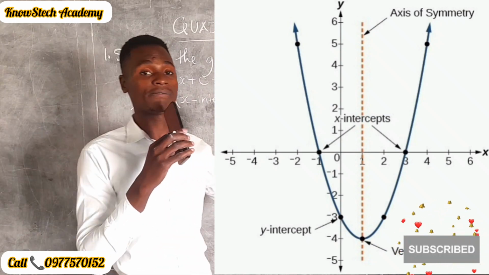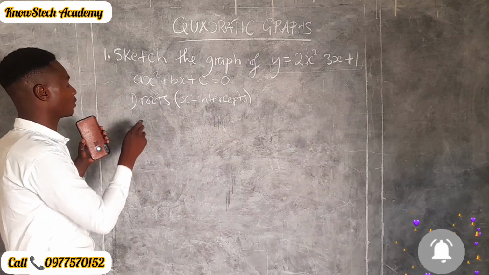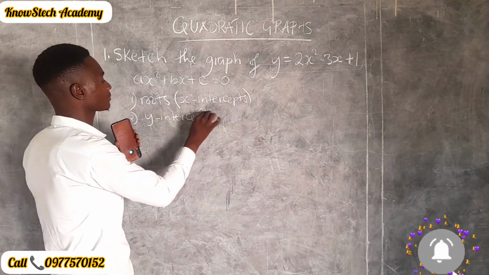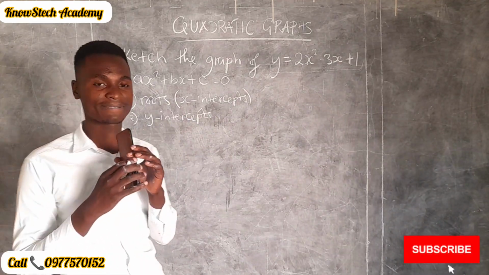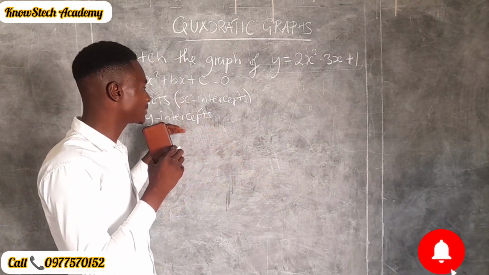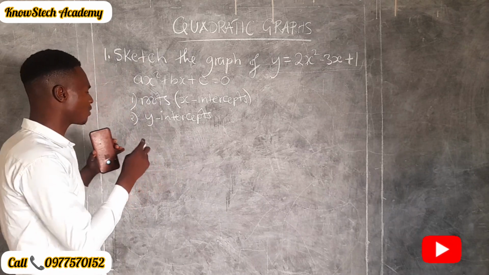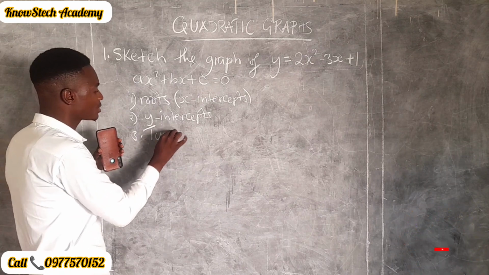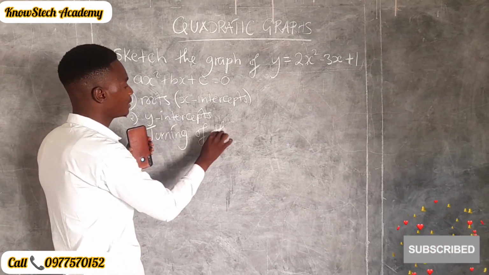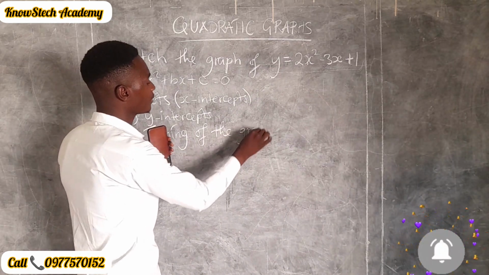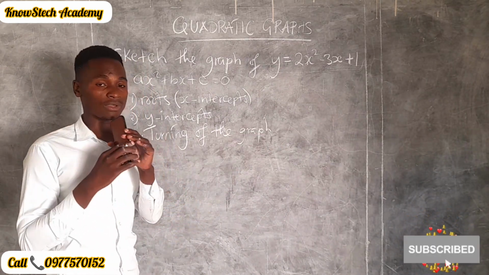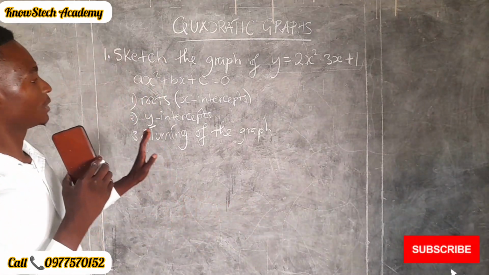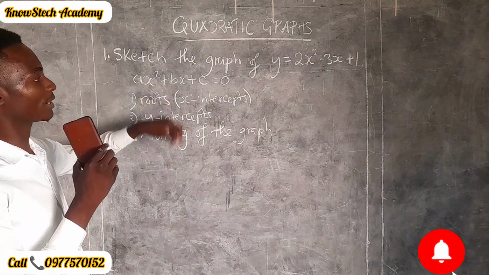After finding the x-intercepts, you should also know how to find the y-intercepts. After that, you should also know how to find the turning point of the graph, and that's it. So these are the things we're going to calculate in order to graph that function.